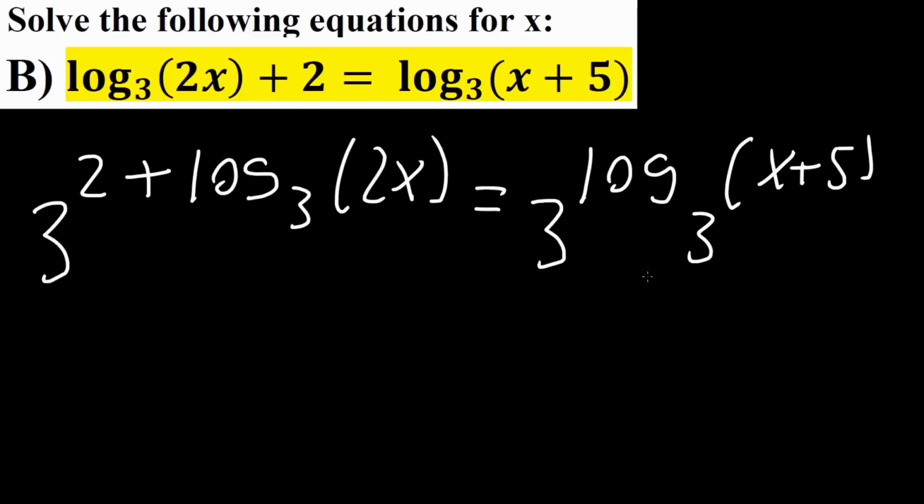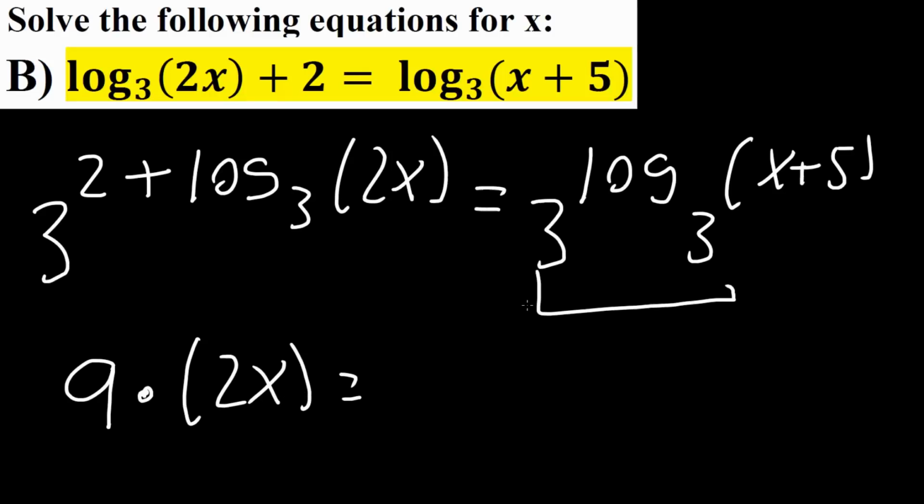And in the last video, we know that 3 to the log base 3, if it's the same number, it's essentially 1. And so we would get 3 squared, which is 9, times 2x is equal to x plus 5.